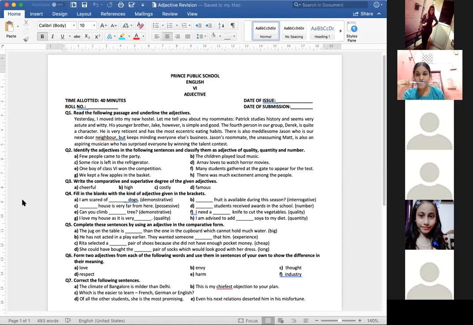So it will be the most only. Ma'am, this is the correct sentence, but of all the other, there is no error. I have written correct the following sentences. Of all the students, she is the most promising. The word other will be removed.